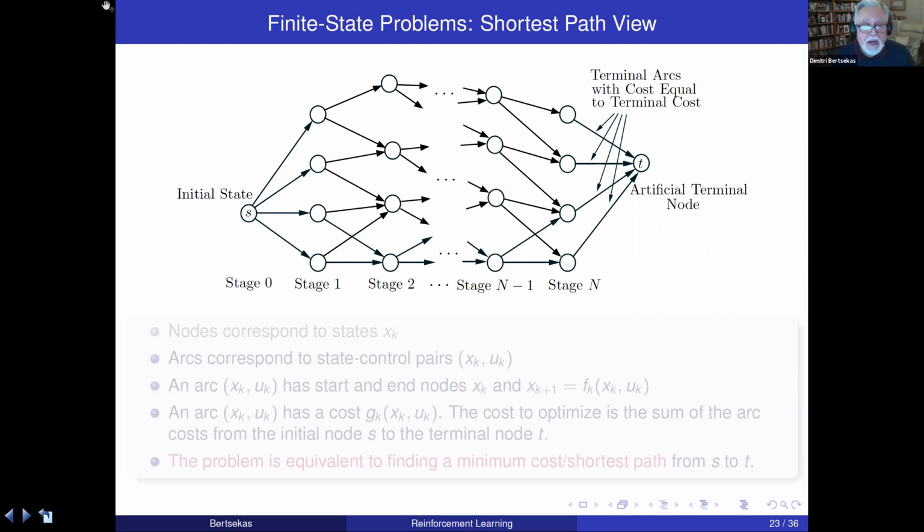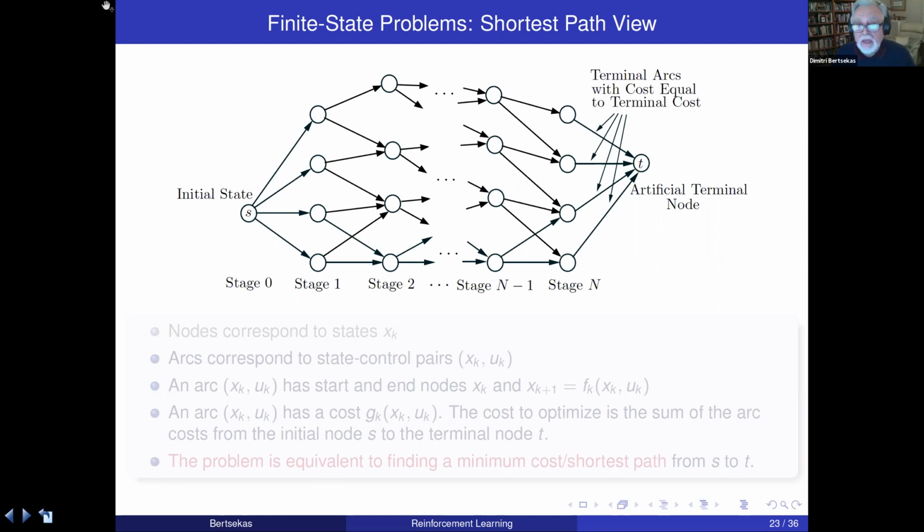It can be a finite set, like the set of all schedules for a given scheduling problem, or it could be an infinite set, like the set of forces that you can apply, propelling forces for a car going forward. Similarly, the states can be either a finite number of them, or they can be an infinite number.